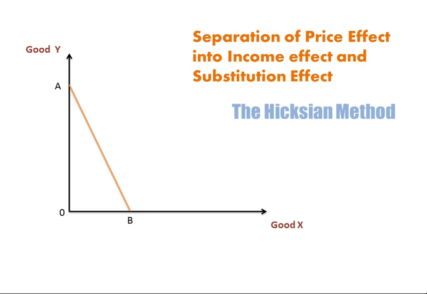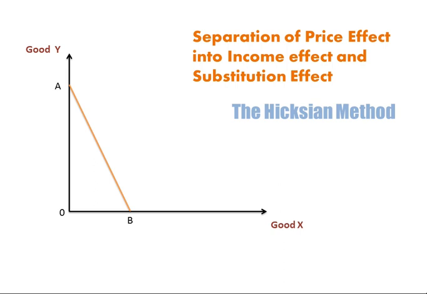Since his income is limited, he cannot buy unlimited quantities. If he spends all his income only on good y, he can buy only up to OA units of good y. Then he won't be able to buy any unit of good x.